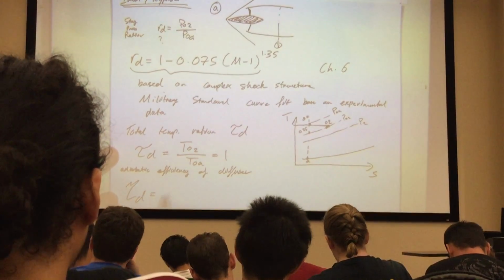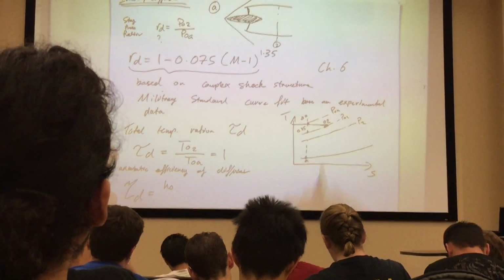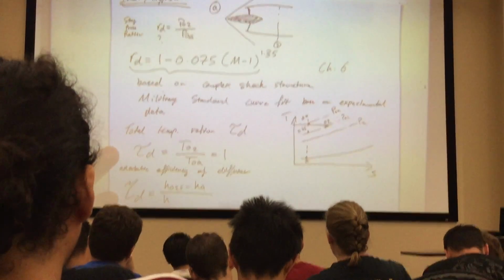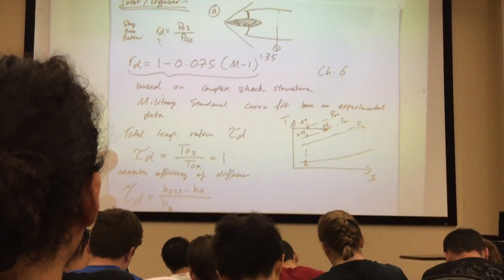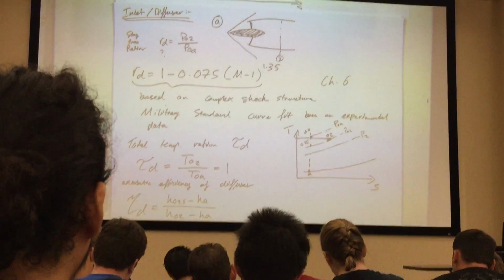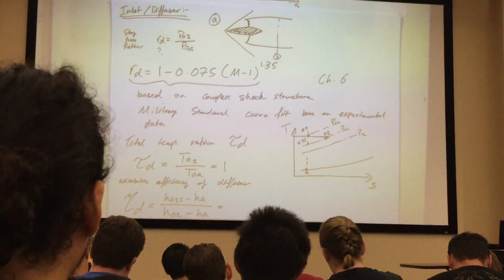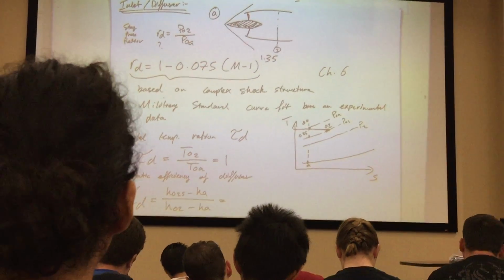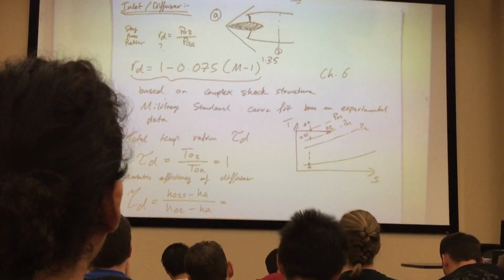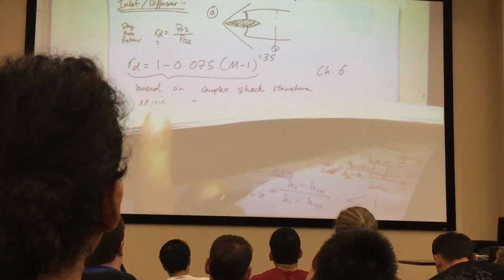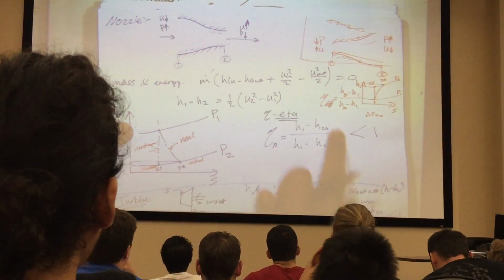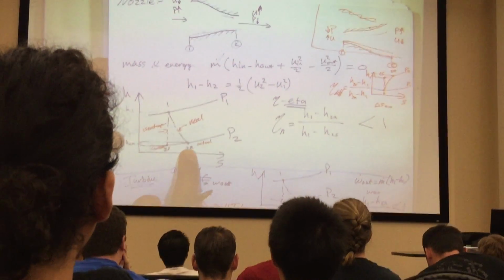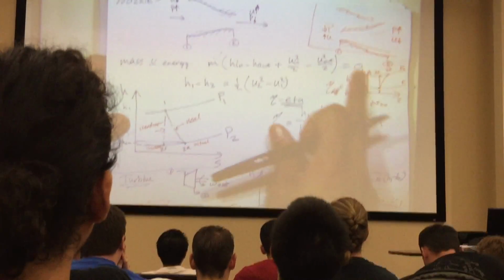So eta_d is equal to h stagnation 2s minus h stagnation A over h stagnation 2 minus h stagnation A. If you remember, right here, we talked about it in the past where you have non-ideal configurations where you have a real situation, and these are the situations you have to deal with in terms of overall efficiency.